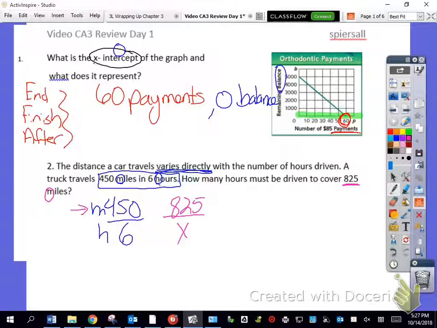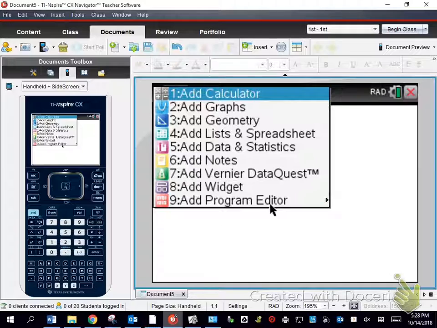And you put X. Now once you set your two ratios, you're going to say that they're equal to each other. Remember, you're going to go to menu 3-1 and you can solve that equation. But to do that, you have to put comma X. So set up your ratio.